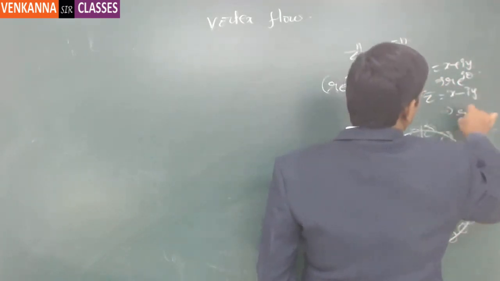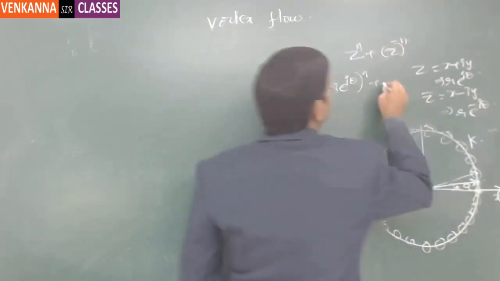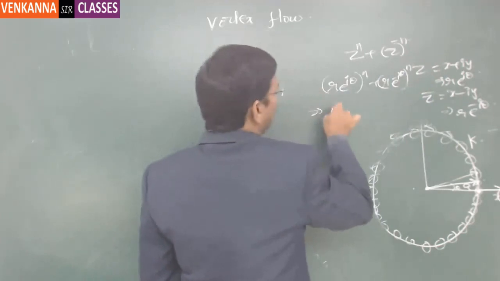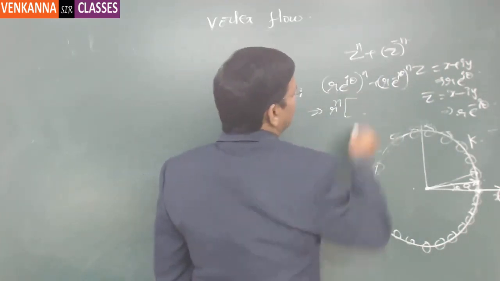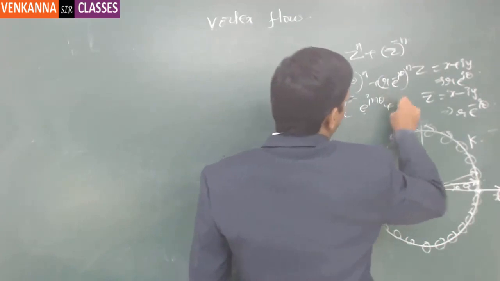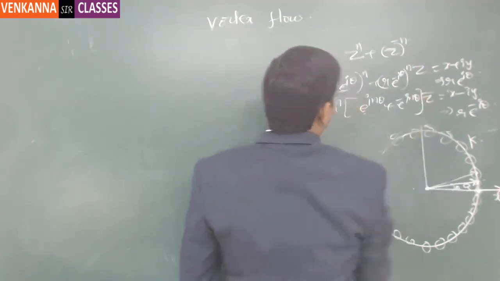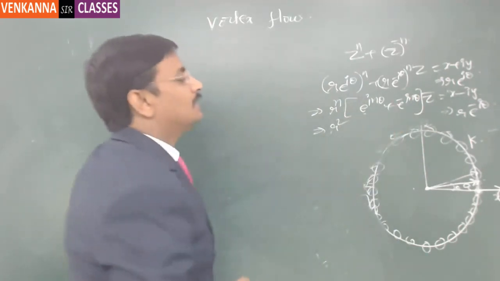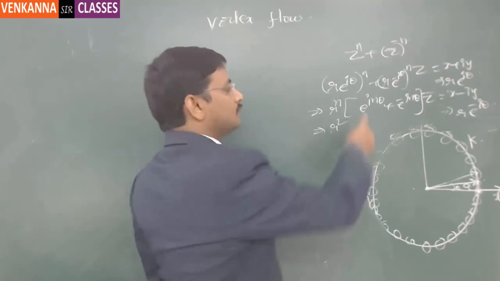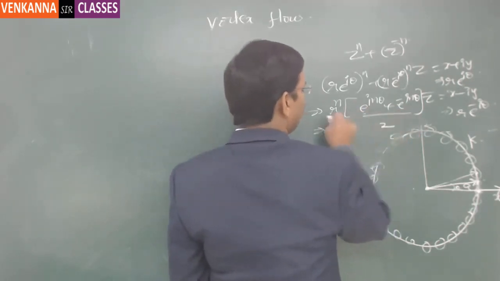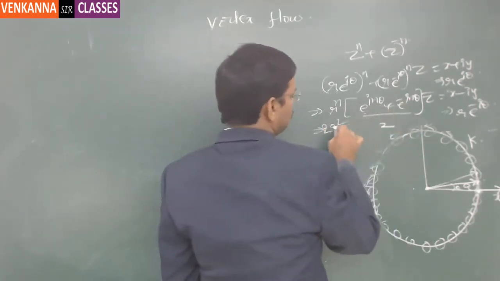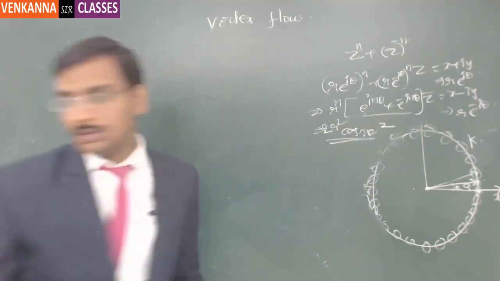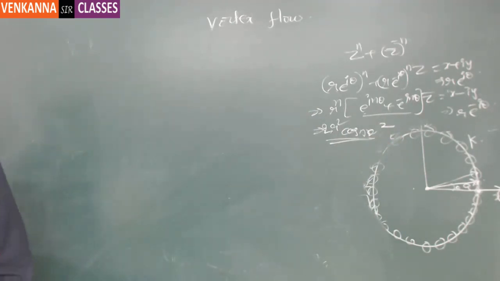This can be treated as r e^(−iθ), so this is (r e^(−iθ))^n. So r^n you can take out, and then this is e^(inθ) + e^(−inθ). Now (e^(iθ) + e^(−iθ))/2 is cos θ. So this is cos nθ if I divide by 2 and multiply by 2. So 2 r^n cos nθ. So this is how we got that. You can note down this. Got it?